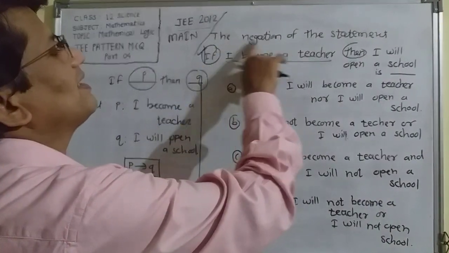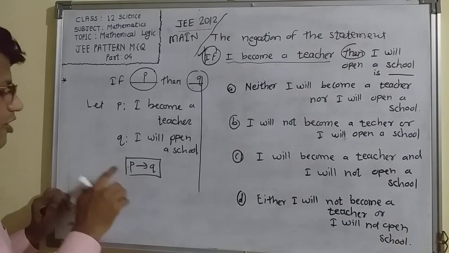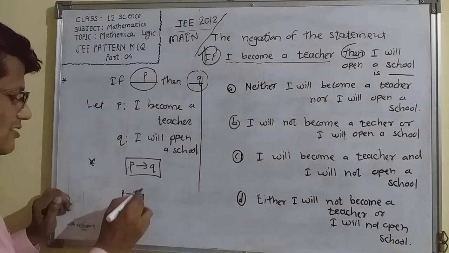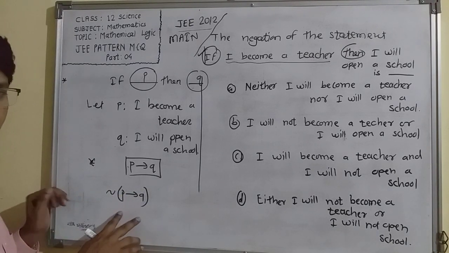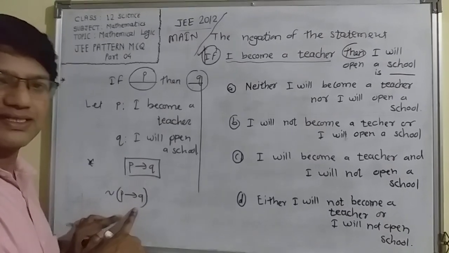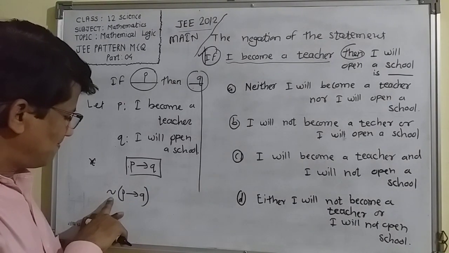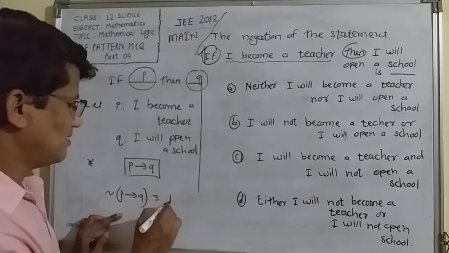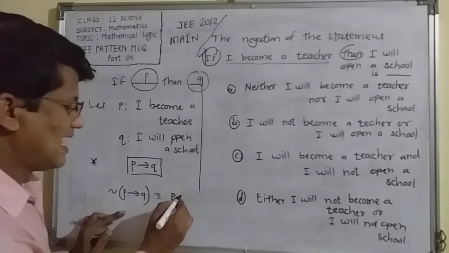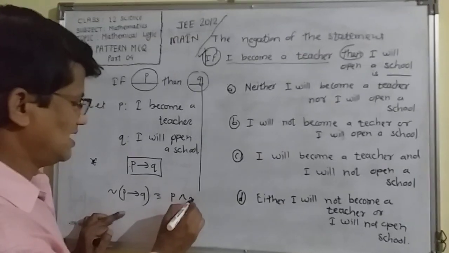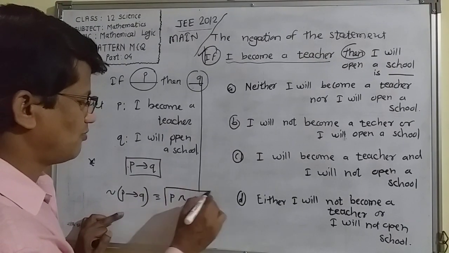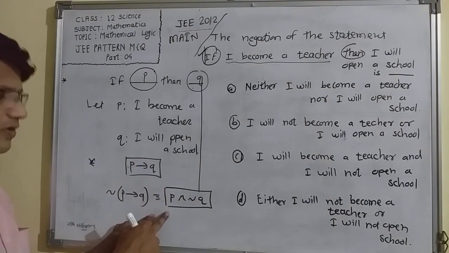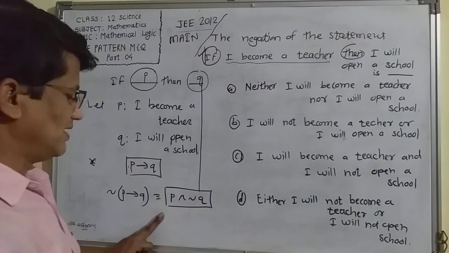But we have to find the negation of all this. P implies Q, what will be the negation? We have discussed in detail the negation of implication. The rule is P and with negation of Q. Observe, this point is more important, and by using this rule we can find the answer in between these options.